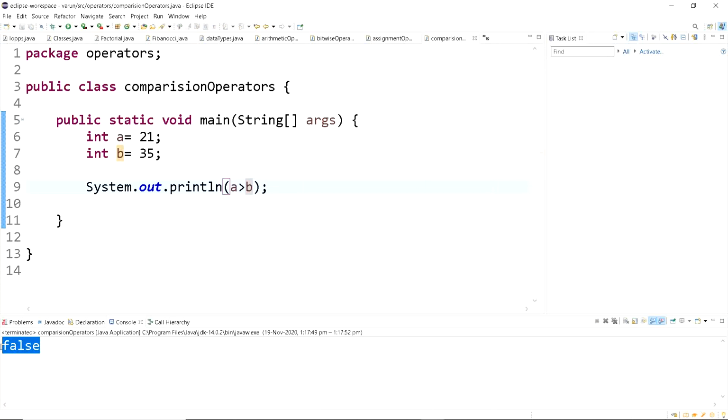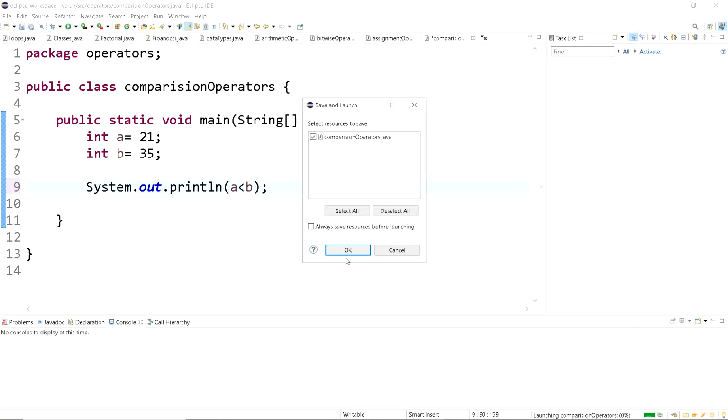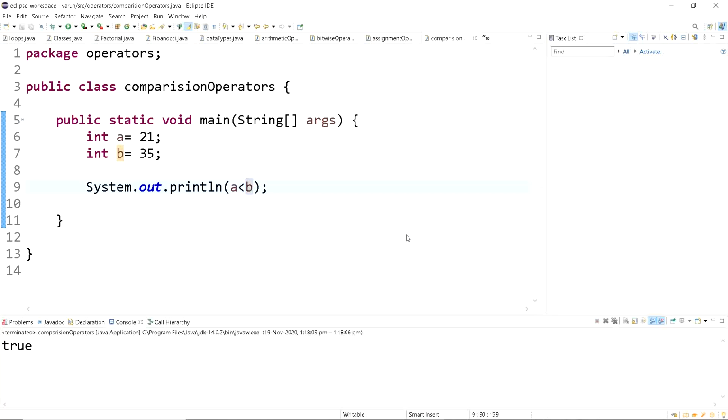See, it is showing false here because 21 is not greater than 35. Now we'll print out less than here. It is showing true here.